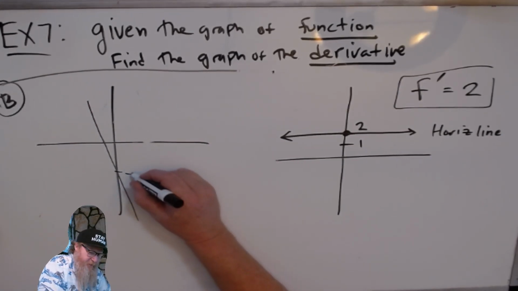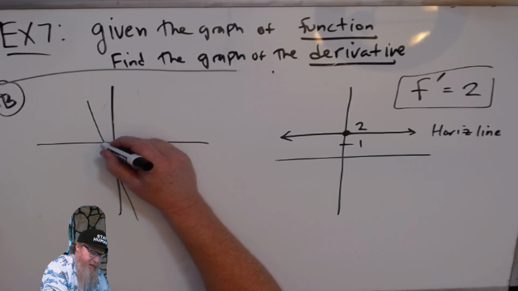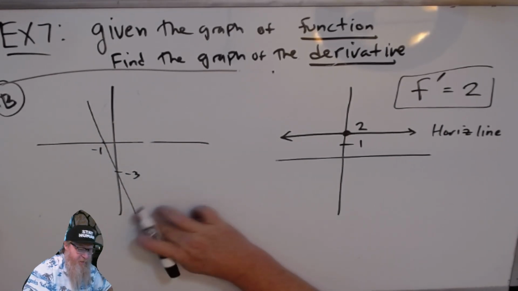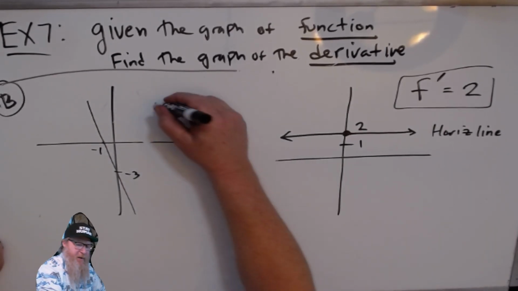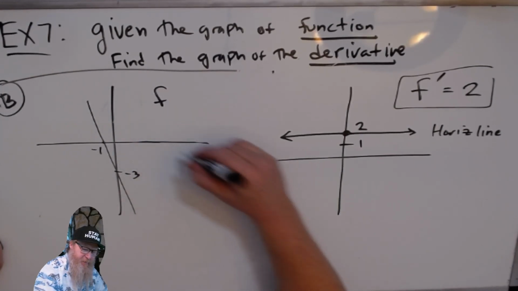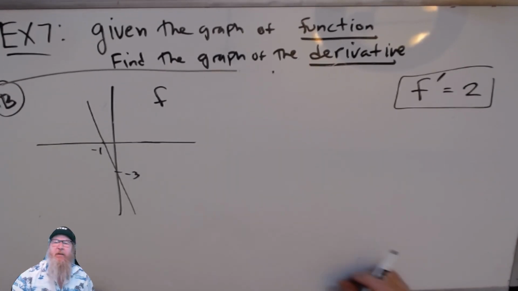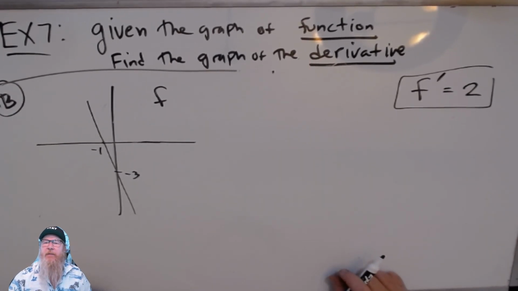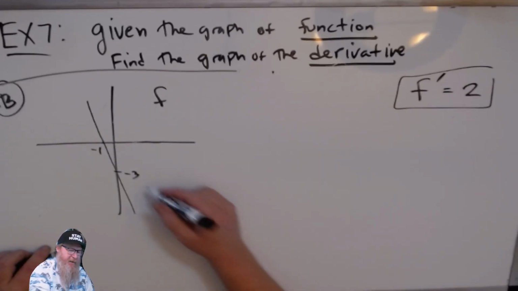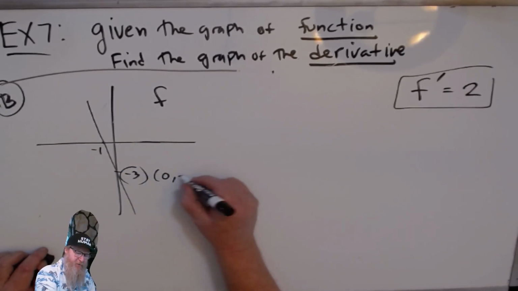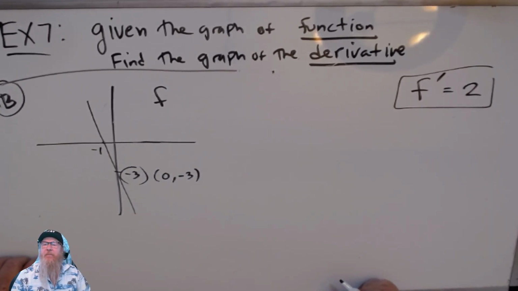So suppose this is negative 3 and this is negative 1. And this is my f. So again, negative 3 is actually 0, negative 3.